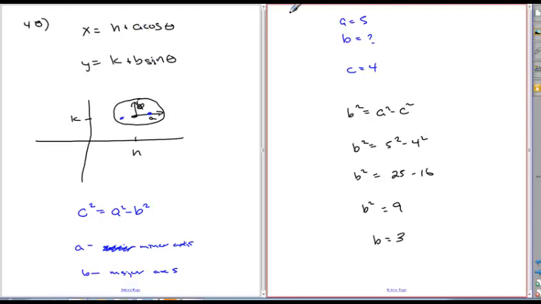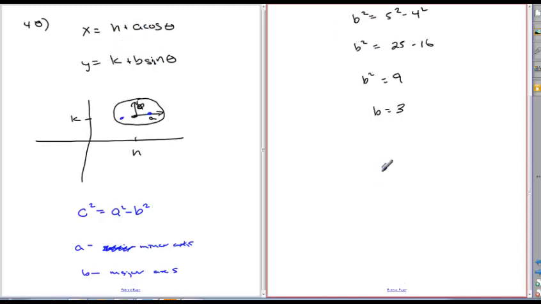Okay, so we have a. a is 5, b is 3. h and k are given in the problem. So the parametric form of this ellipse is, also the center, because the y coordinates of the vertices and the foci are 0.